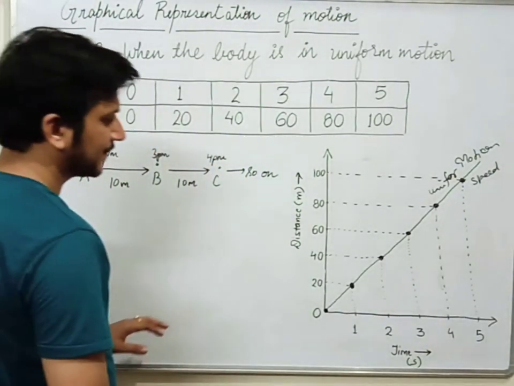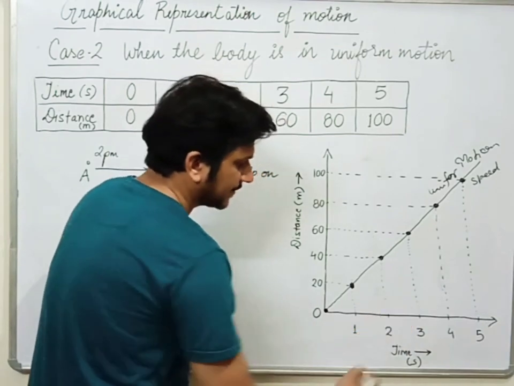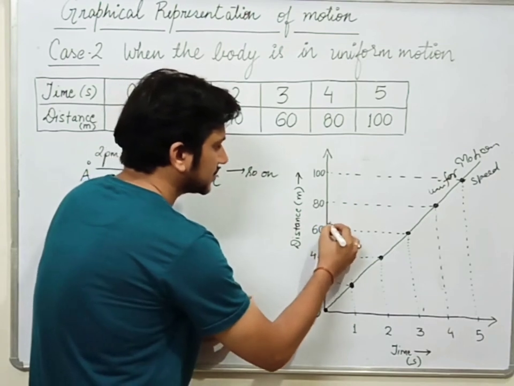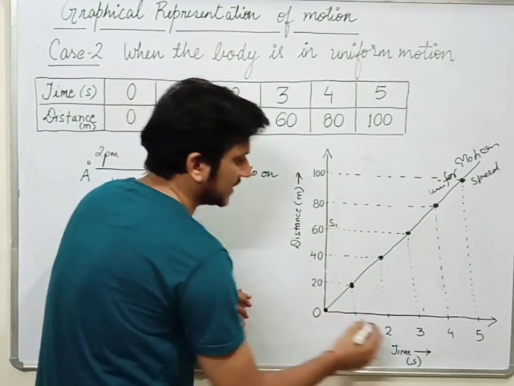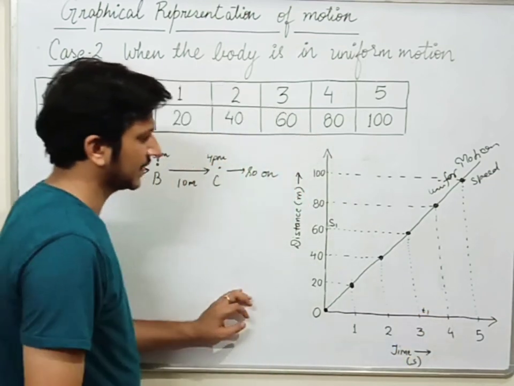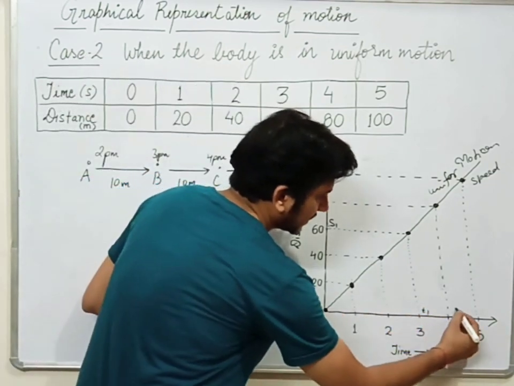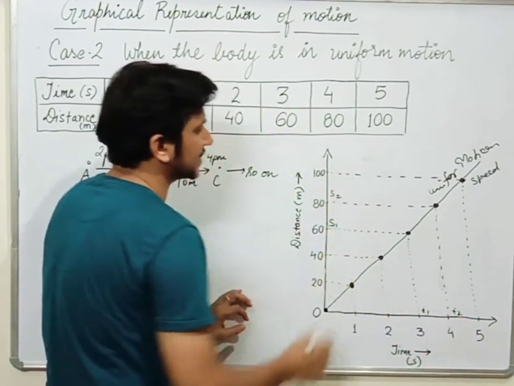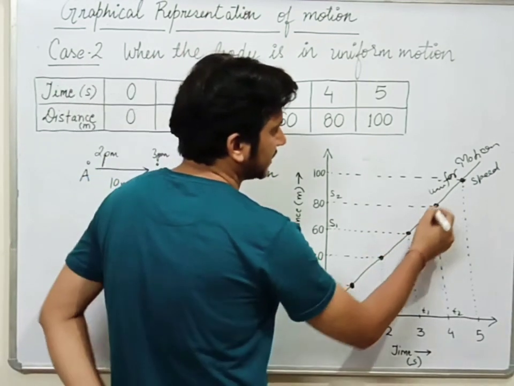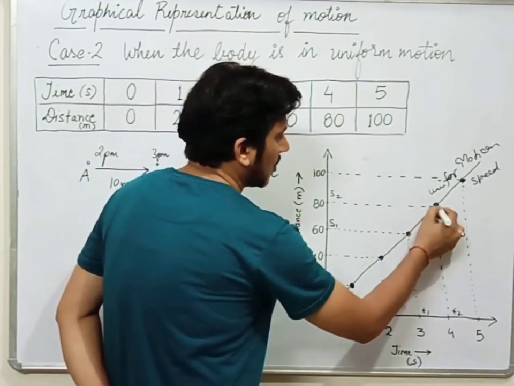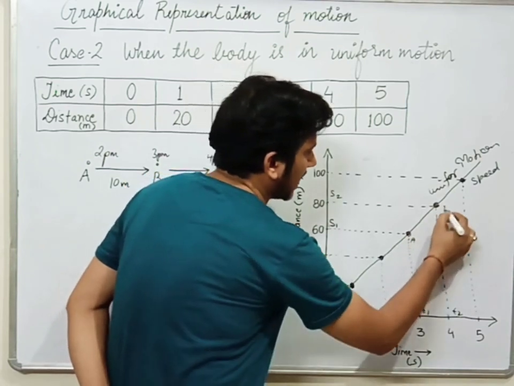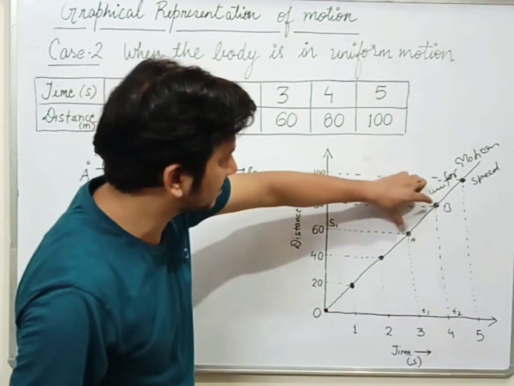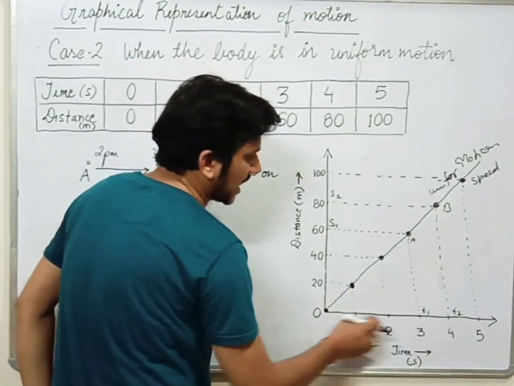Now suppose an object covers s1 distance after t1 time, and covers s2 distance at t2 time. What is the speed of the object? Suppose these points are A and B, and we have to find the speed between these points.